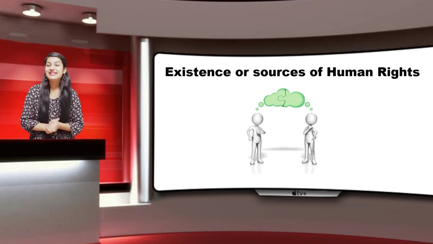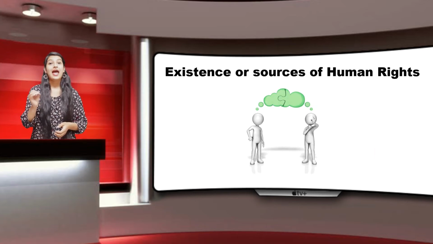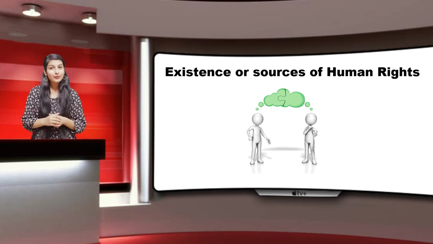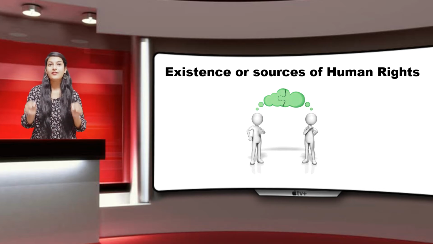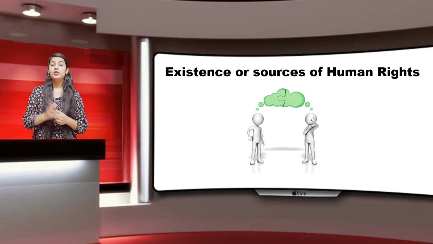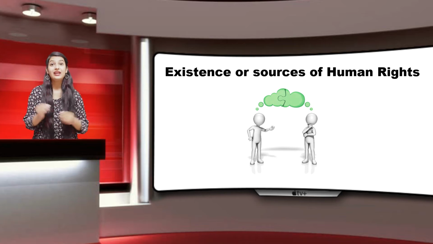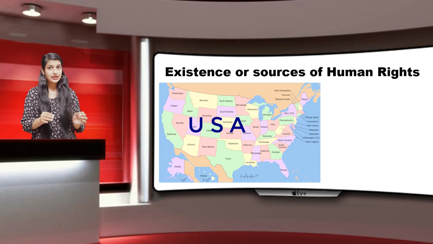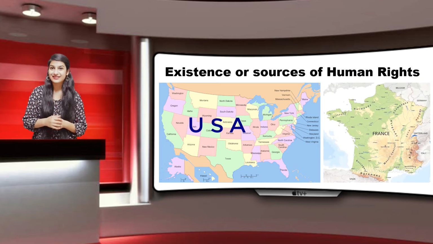Now guys, let's discuss the existence and sources of human rights. So the modern concept of human rights is embedded in the constitutions of democratic countries. The two earliest and most influential examples are those of the United States of America and France.